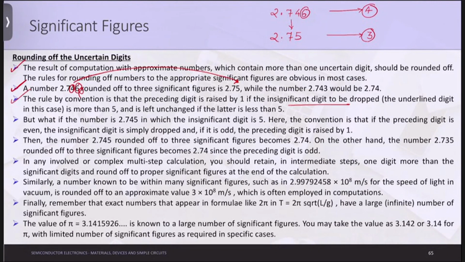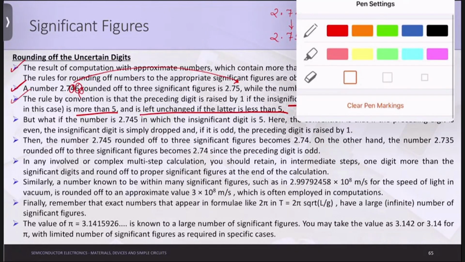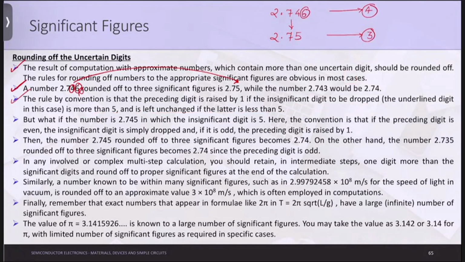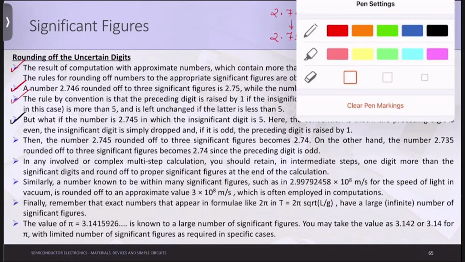If that insignificant digit has to be dropped, and it is greater than 5, what do we do? We increase the preceding digit by 1. Okay. So if the insignificant digit is more than 5, we increase it by 1, and it is left unchanged if the latter is less than 5. Simple thing. Rounding numbers we have already studied in small classes also, so there is nothing to be understood in much more depth here. Let's move on. But what if the number is 2.745?